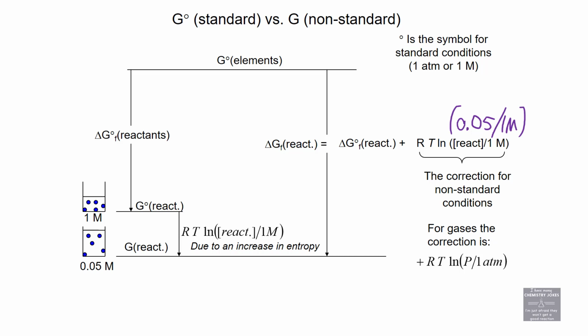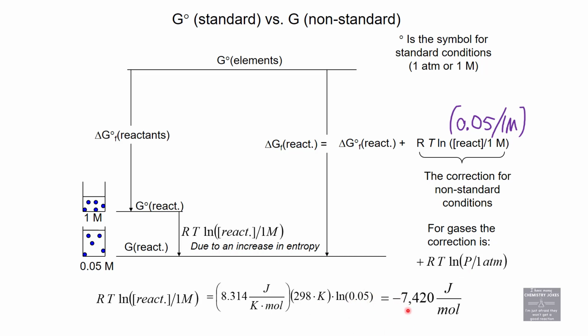And I multiply by RT, where R is 8.314 joules per mole Kelvin and T is 298 Kelvin, or doesn't have to be. Add this little correction factor in, and I get the value where this shelf is actually located for something that's not 1 molar, or a gas that's not 1 atmosphere. The actual correction factor, when I plug in a 0.05, is negative 7.42 kilojoules per mole.